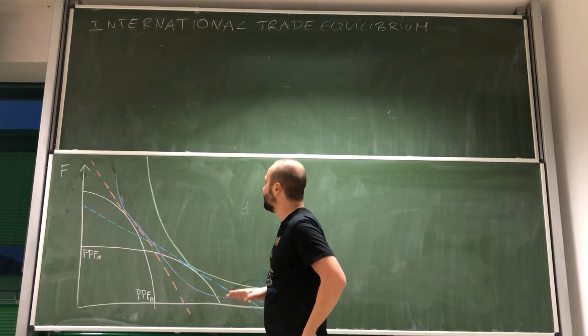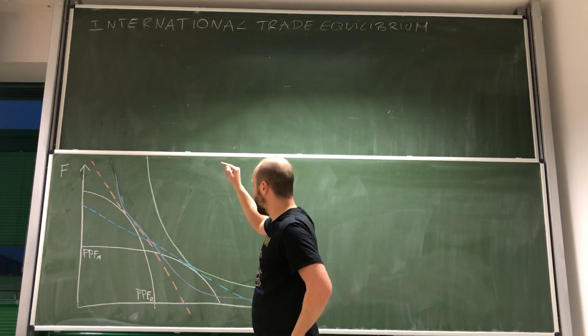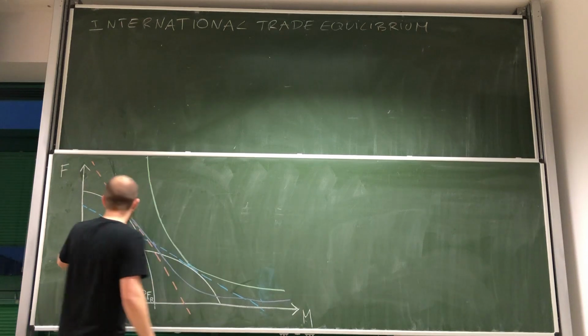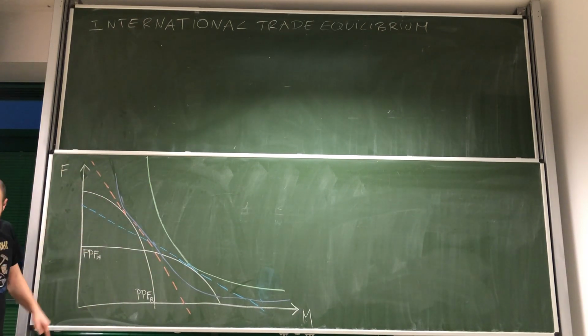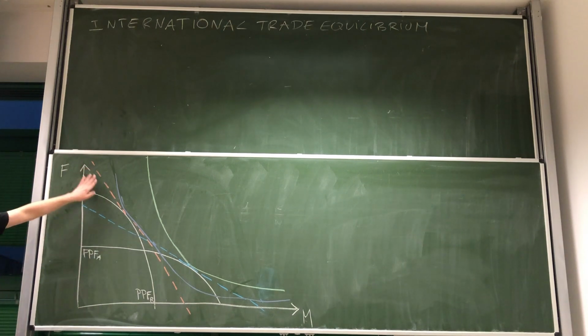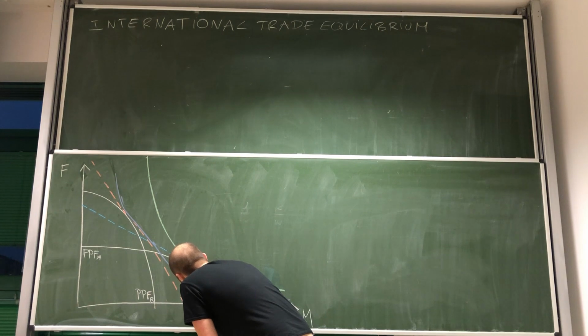what did we say before is that in order to find the optimal production point, we need to know the price ratio. So we use this PM to PF line.